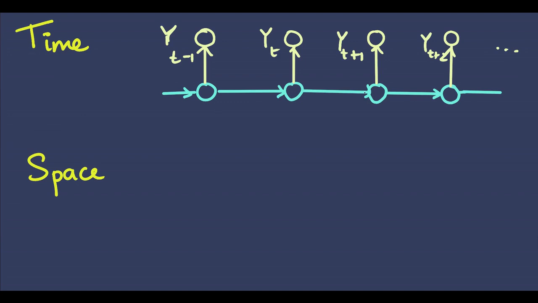On the bottom level, we have the Markov chain. The Markov chain captures the dependency over time, while the Y's are the things that we observe. Now, what I want you to do is pause the video and try and draw the corresponding graph for a hidden Markov model in space.